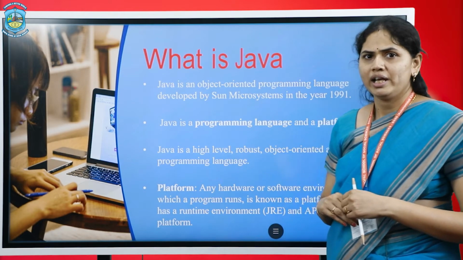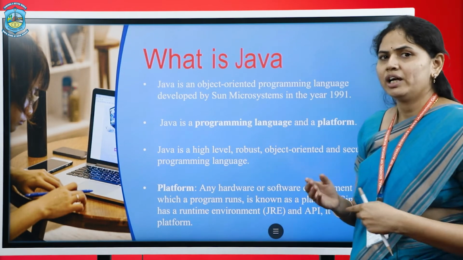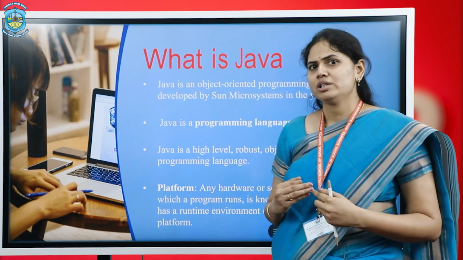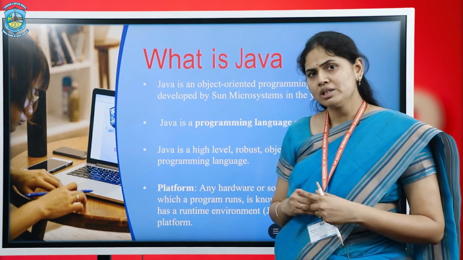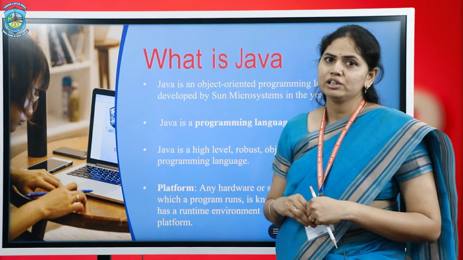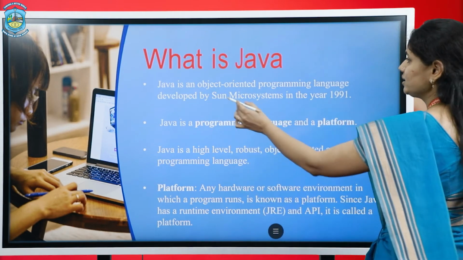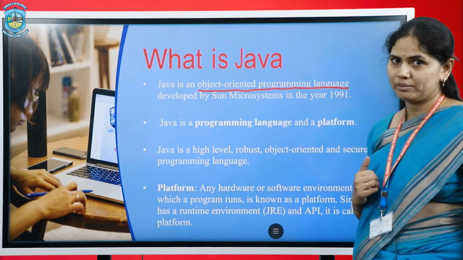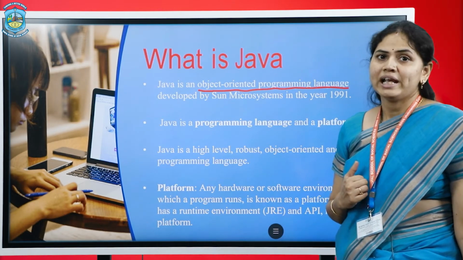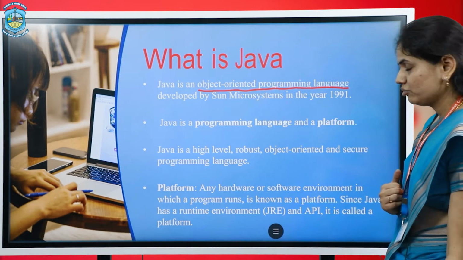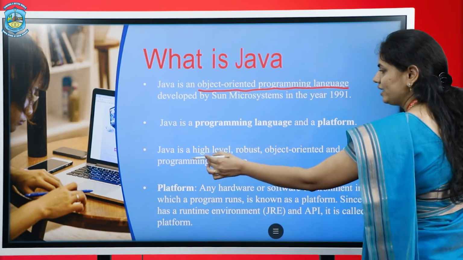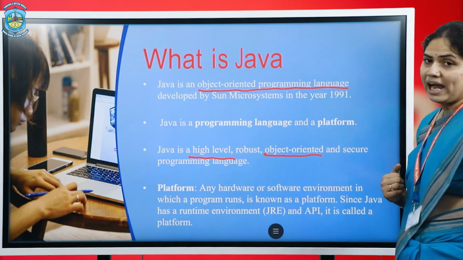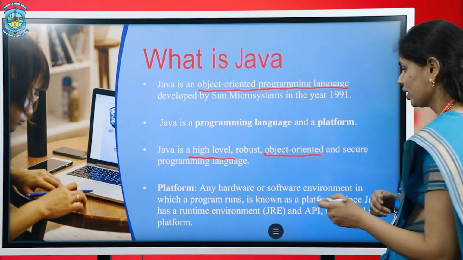Procedural language is when we give the input, it gives us an output, while object oriented manipulates an object and provides graphical user interface. So Java is an object oriented programming language. It was developed by Sun Microsystems in the year 1991, and it's a high level programming language which is object oriented and more secure.